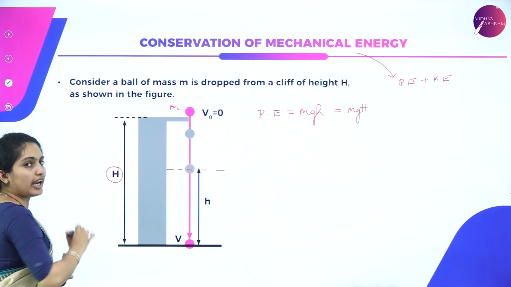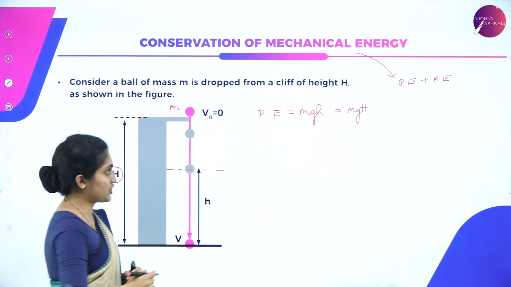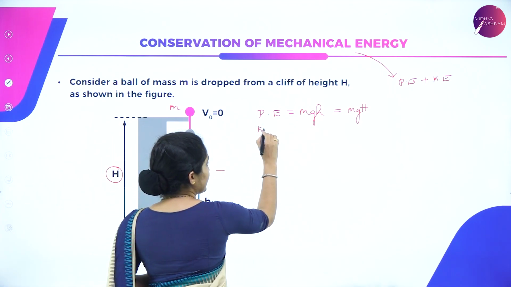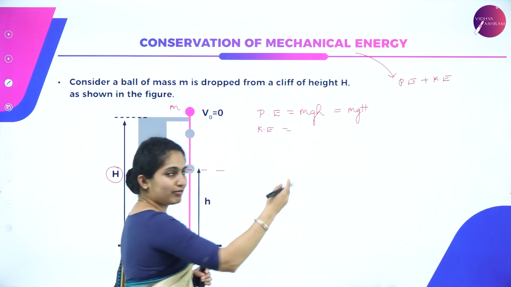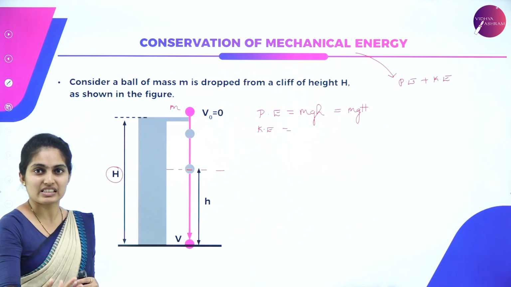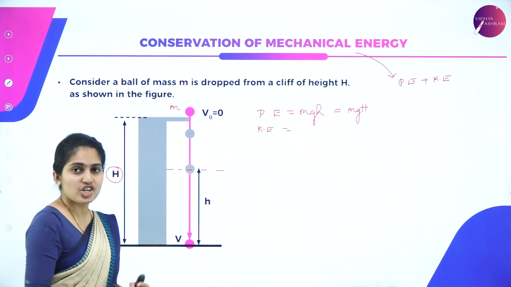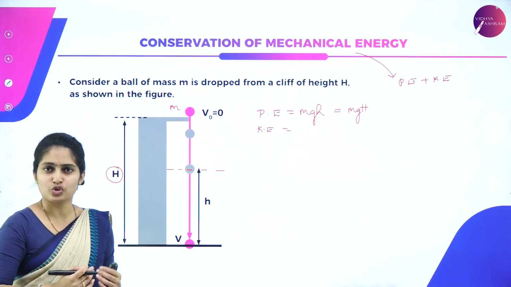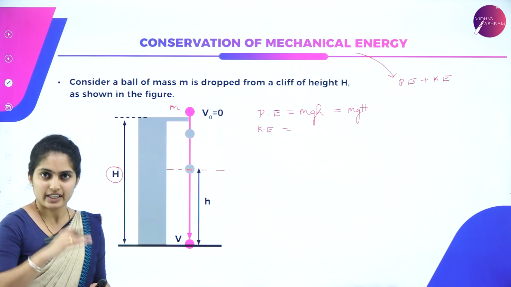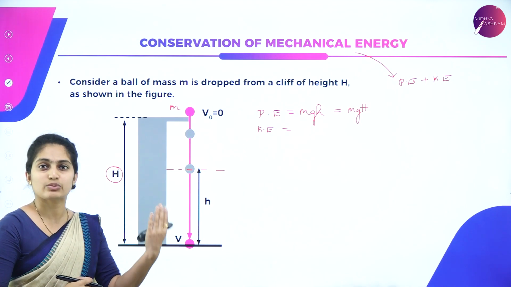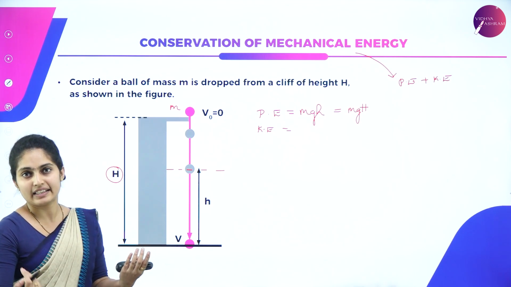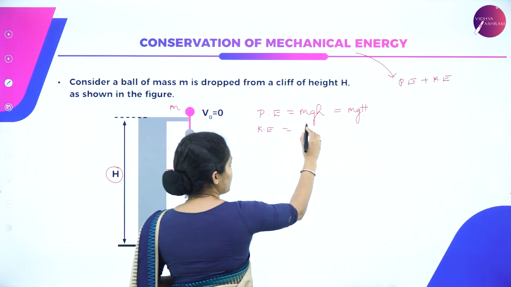Your kinetic energy at the cliff, that is at the top, is half mv square. Your v is the initial velocity, and there is no movement of the object at the start. At the start, the potential energy is very high, whereas kinetic energy is 0.